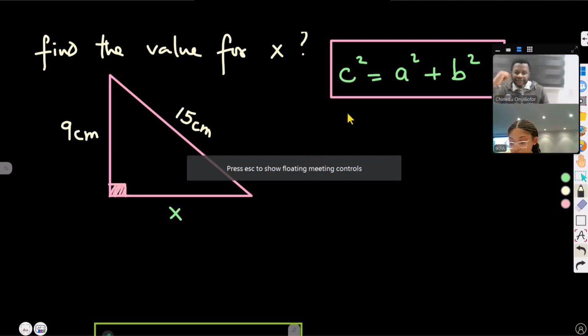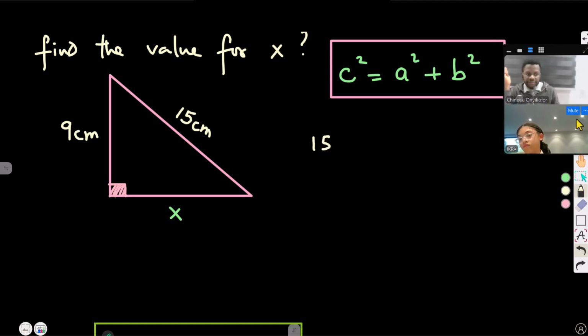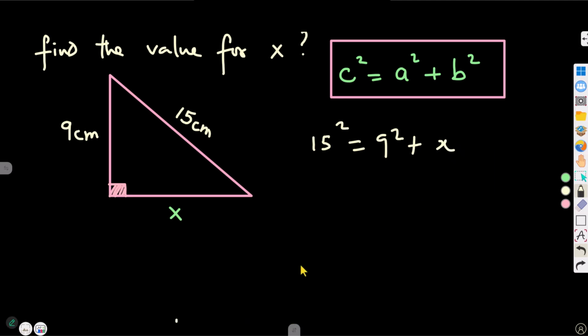Here C is the longest side, which is 15. 15 squared is equal to A squared, which is 9 squared, plus B squared, which is x squared. 15 squared is 225, equals 9 squared, which is 81, plus x squared.